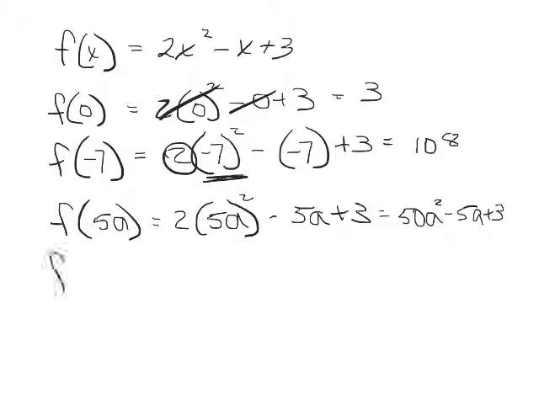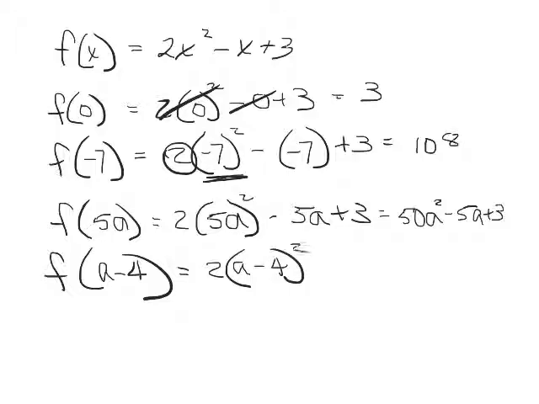And the same is going to be true when you have f of a minus 4. You're going to put that a minus 4 in for x, minus (a minus 4) plus 3. And notice I put the parentheses around there to make sure that this negative would distribute around this one and this one when you took the parentheses off. You've got that minus sign.